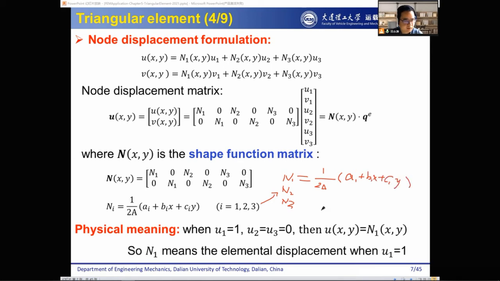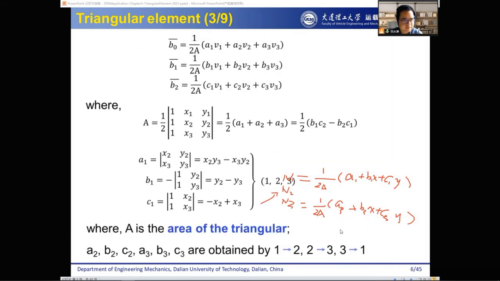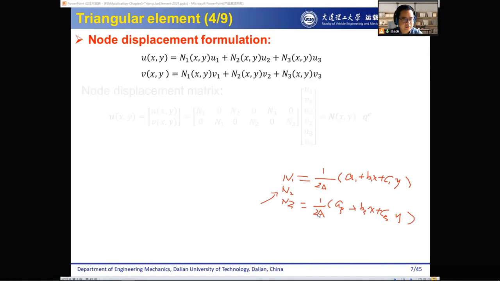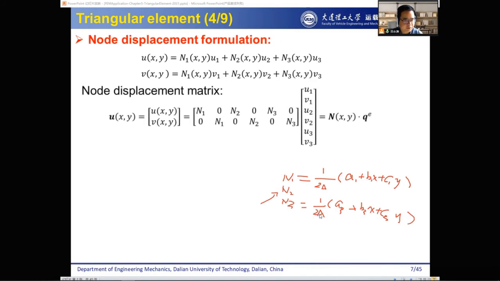Okay, and from this we also know N3 equals 1 over 2A, and then with i equals 3, a3 plus b3 x plus c3 y. Okay, and for the coefficients a1, b1, c1 or a3, b3, c3, you can check the previous slide, which will tell you the expression for those coefficients.